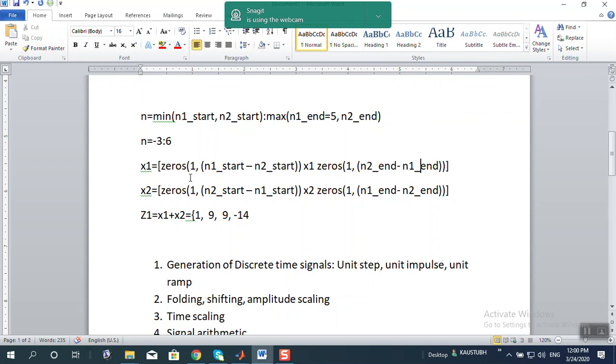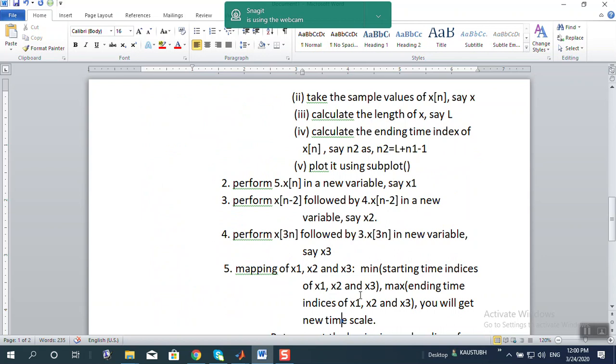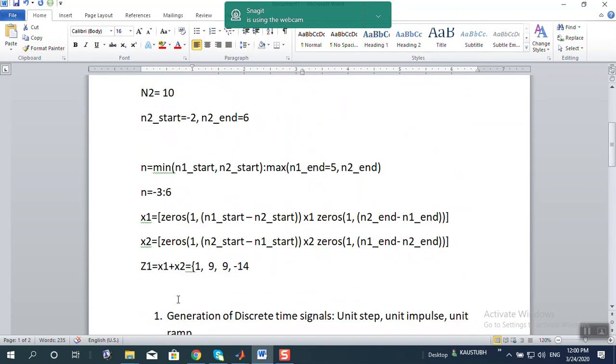So for x1, it is the minimum of the starting times of x1, x2, x3 minus the starting time of x1, and the maximum of the ending times of x1, x2, x3 minus the ending time of x1, and so forth.